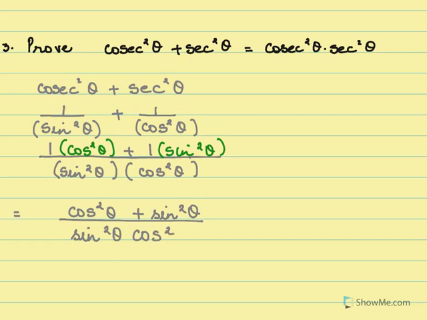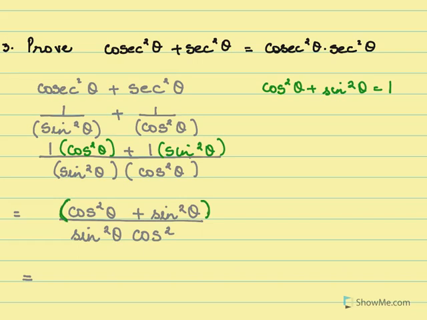cos square theta. Now again we have an identity here, cos square plus sine square, and we know that is 1. I'm going to write it here. Cos square theta plus sine square theta is 1. So here equal to, I'm going to write 1 for cos square plus sine square.